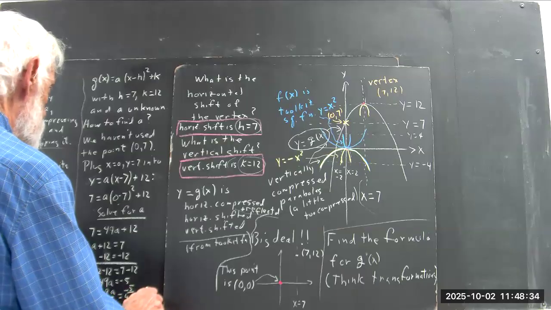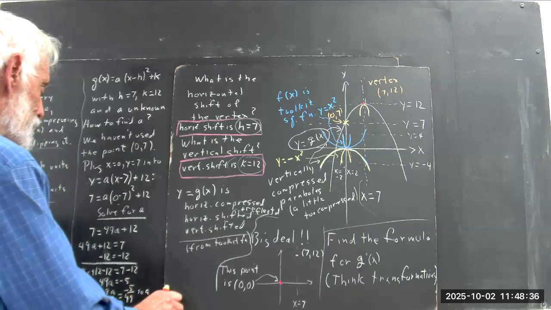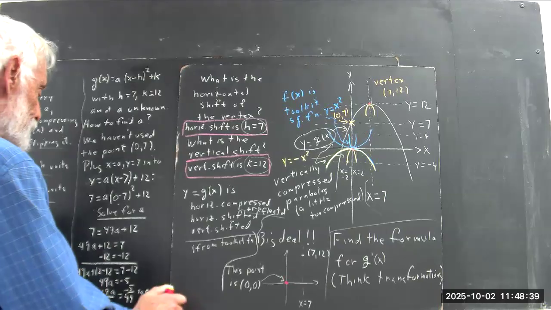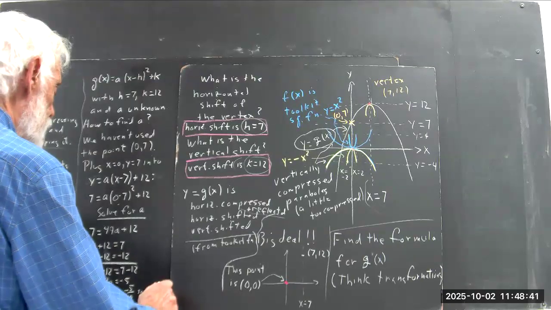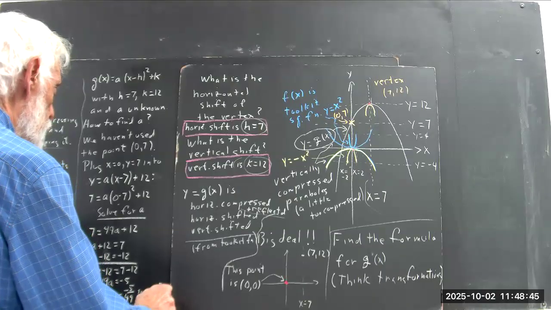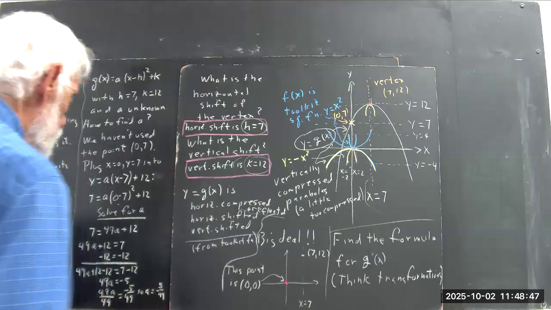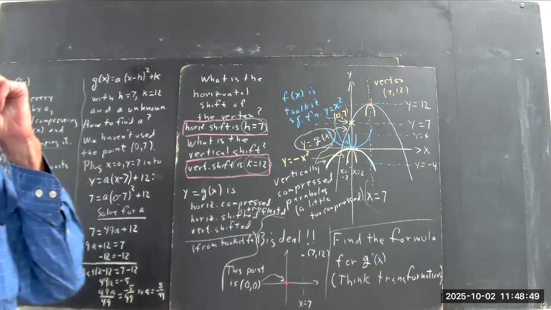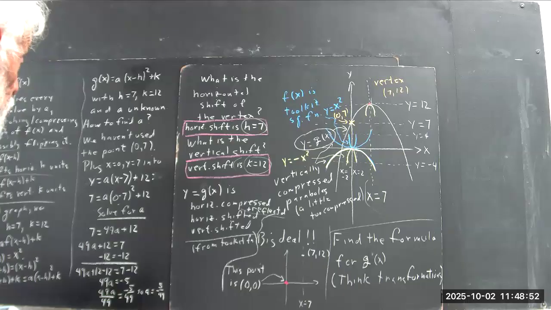So a equals negative 5 over 49. Sorry, I had to write that small, but it is pretty clear on the screen on the video.